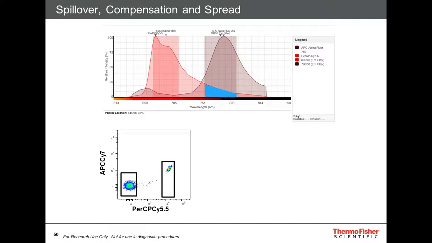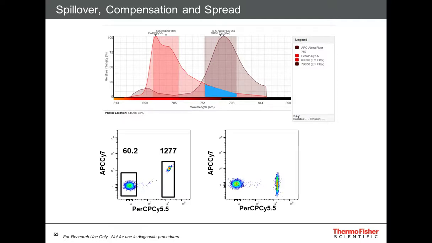Sounds complicated. It's not. It just uses a vector and the slope of this line to do the calculation. So here we have a median of 1,277 and 60.2. I'm sorry, we have an MFI here on this axis.